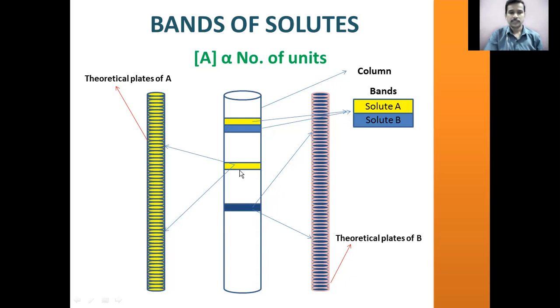This is the portion occupied by solute A, and solute A is partitioned between the stationary phase and mobile phase, and the stationary phase has been used by the solute to undergo partitioning, and this particular space is occupied by this many individual discrete units. And similarly for solute B, this many individual discrete units are present in this particular band.